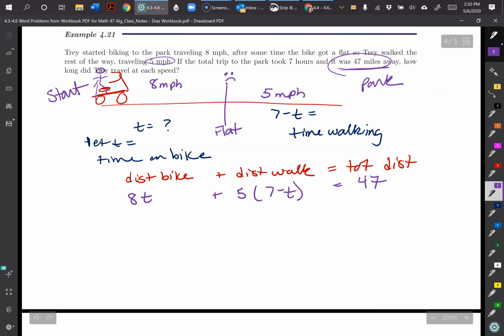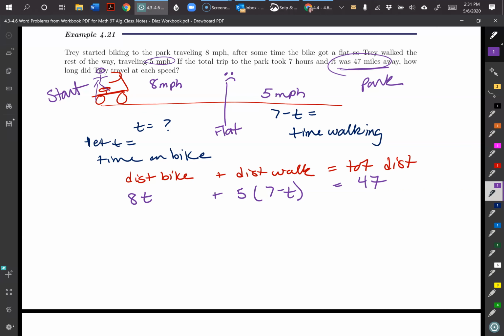Now that lays out, it's very similar to the other problem we did earlier, kind of like the first one in the other video, 4.18, except our times are not the same. We have a different relationship there, so be careful of that.